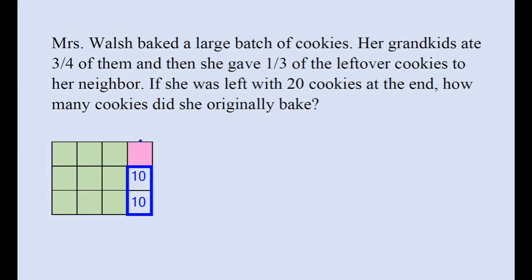If each tiny square is worth 10 cookies, 12 such squares will be worth 12 times 10 or 120 cookies. So my answer is Mrs. Walsh originally baked 120 cookies.